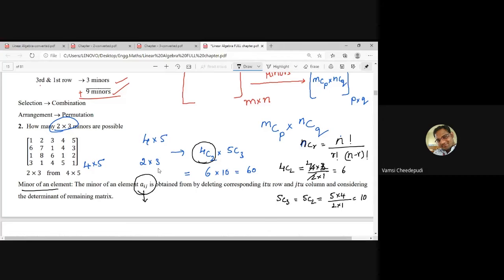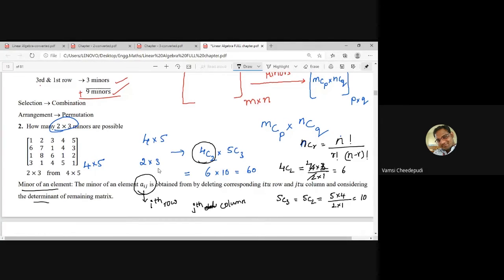Aij means the ith row you need to delete and the jth column you need to delete. If you delete these two things, you will get some matrix. For that remaining matrix, you need to find the determinant.